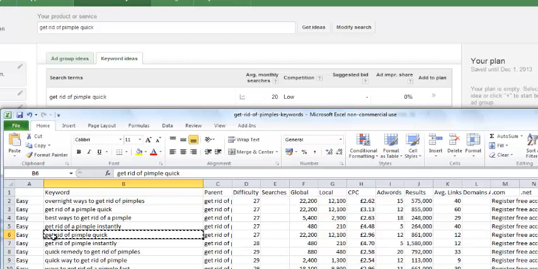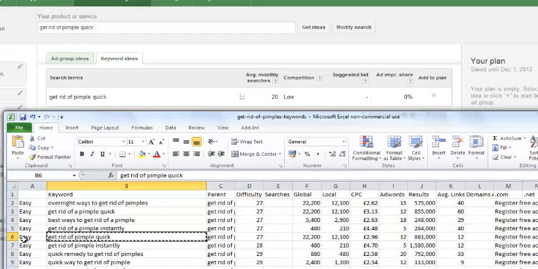Get rid of pimple quick. You can see there's 22,000 global searches there, and that was easy, so low competition. Up here is the same keyword, today, November 21st, 2013, and it shows 20.